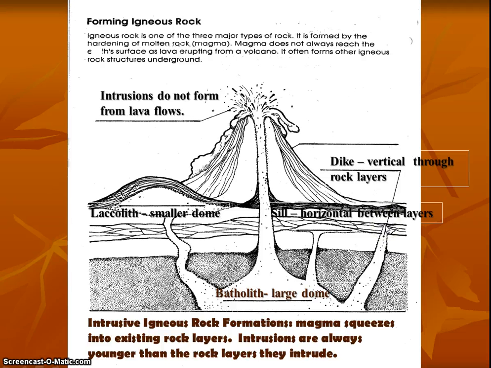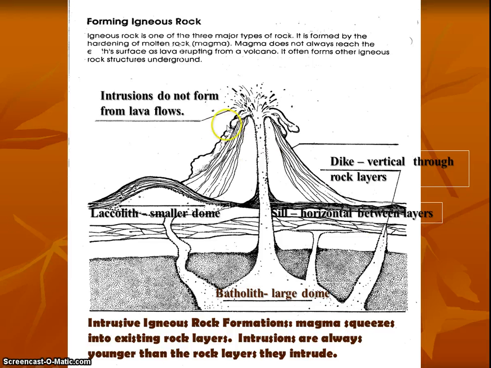When it's vertical, up and down, it is called a dike. So that is an igneous intrusion where magma has squeezed up through the rock layers and then solidified.